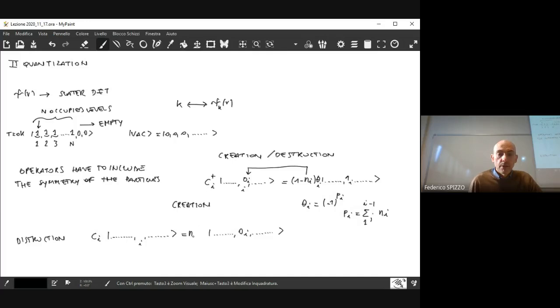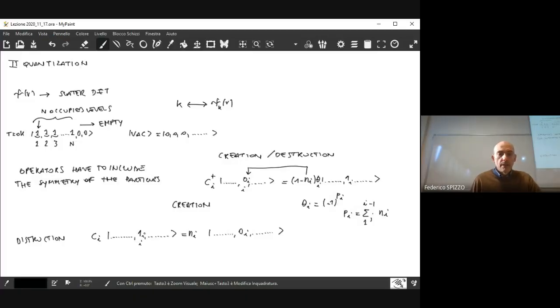Here, the coefficient is not 1 minus ni, but is just ni, because if the initial level was occupied, then ni is 1. So we have a new state with level I empty with coefficient equal to 1.